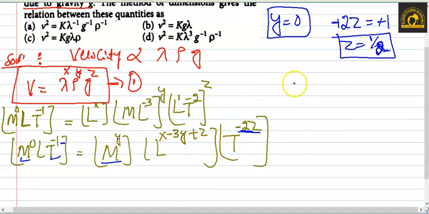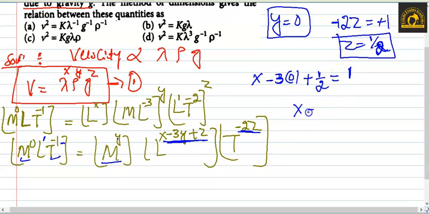Then put the z and y values. For x, in this equation the power of L is 1. So x minus 3 into y, where y is 0, plus z, where z is 1 by 2, that is equal to how much? 1.